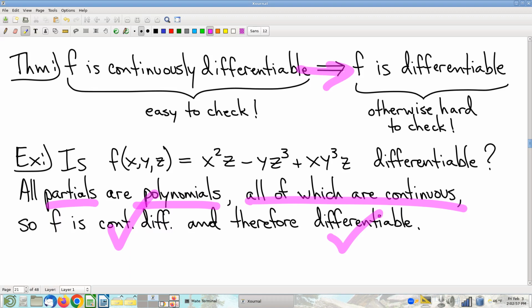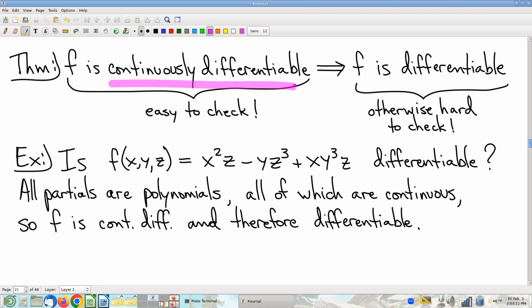Everybody good? So in practice, day in and day out, this is how we confirm differentiability. There is a downside, there is a cost. There are some functions that are in between these two definitions. There are some functions that technically are differentiable, but they aren't continuously differentiable.